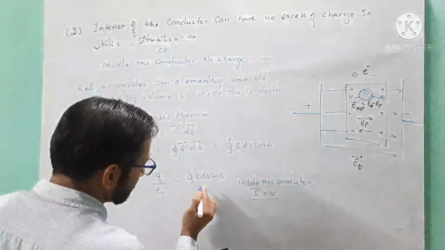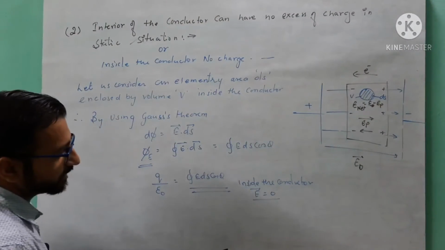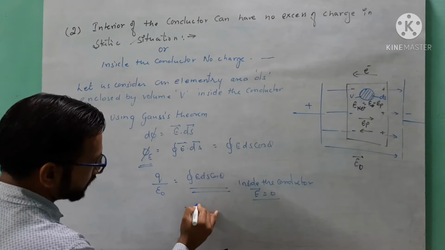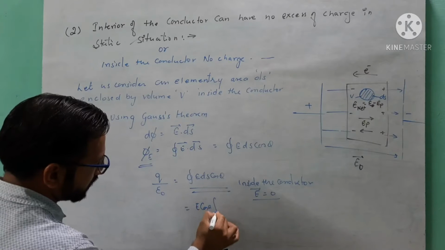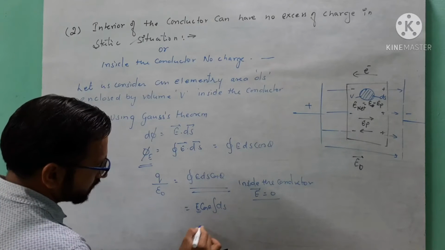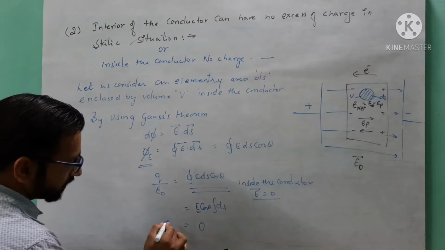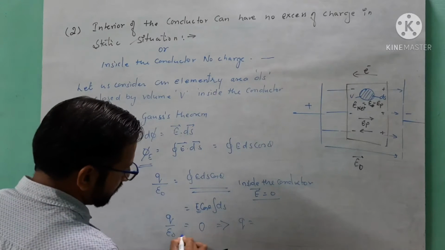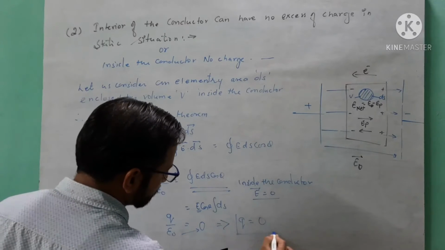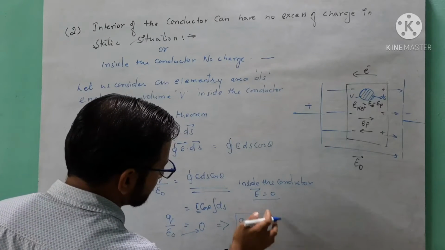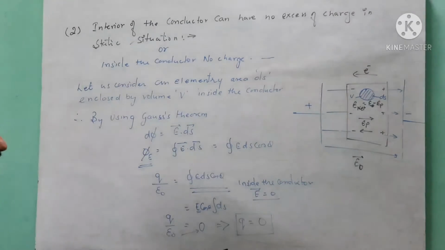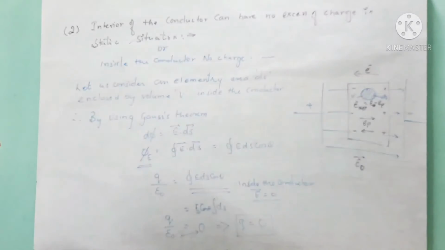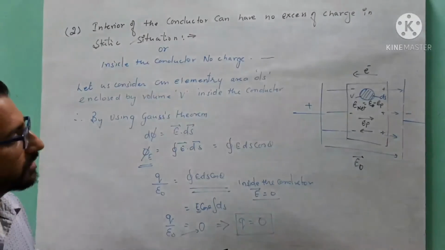So we get the integral of E cos theta ds as 0, since E is 0, and this equals Q over epsilon naught. Finally, after cross multiplication, we get Q equal to 0. So we can say that in a static situation there is no charge inside the conductor. Got it? After that we will talk about the third result.